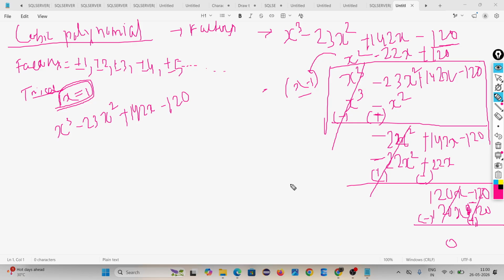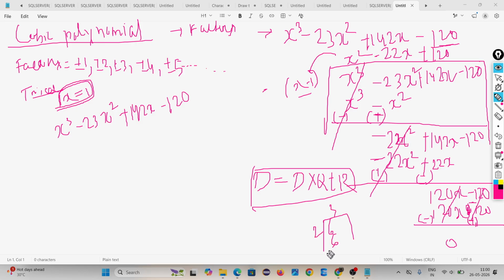Do you know the division theorem? It means dividend equals divisor into quotient plus remainder. 6 divided by 2: quotient 3, remainder 0. Dividend means 6 equals divisor 2 into quotient 3 plus remainder. You are getting the same number, na?